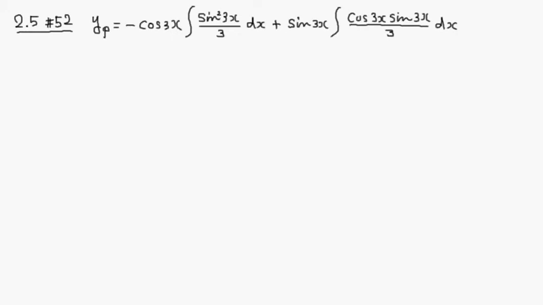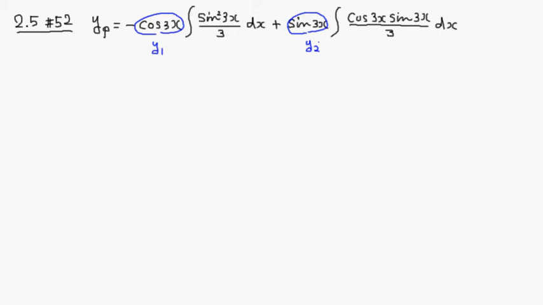I think y1 came out to be cosine of 3x, and y2 came out to be sine of 3x. Then you plug them into the variation of parameters formula, and we got that. So we just have to evaluate this.